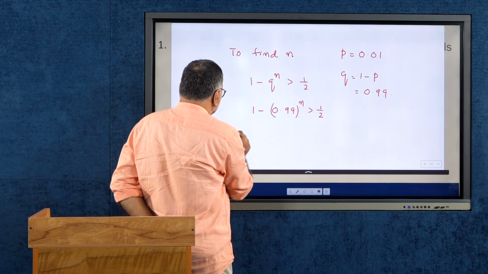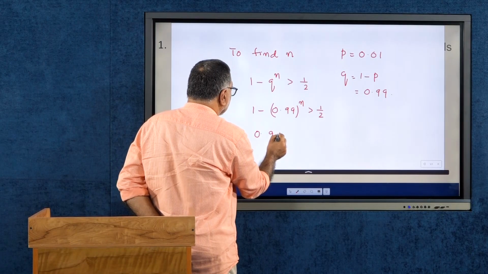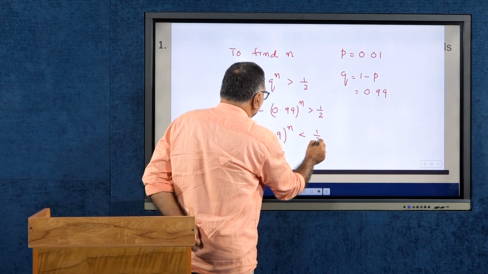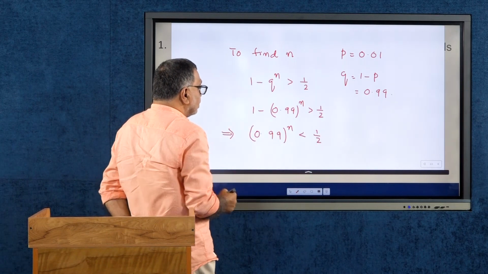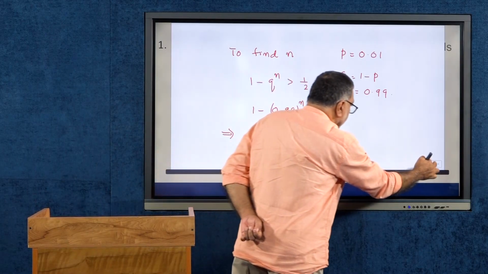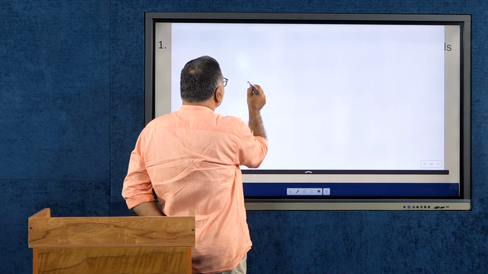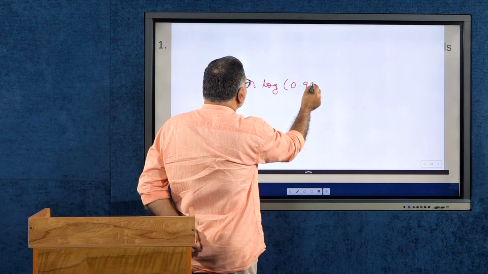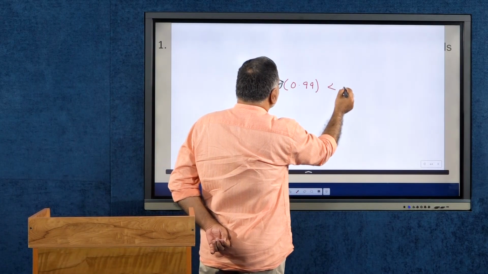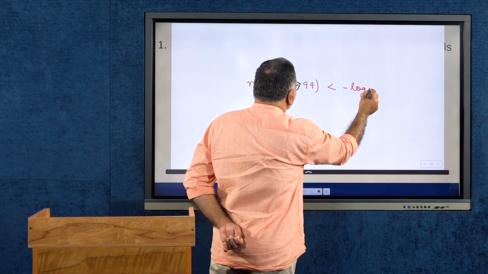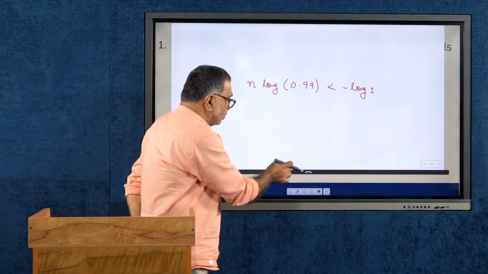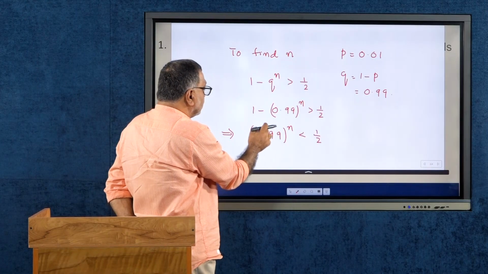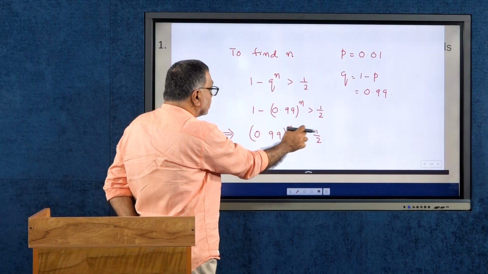This implies 0.99 power n is less than 1 by 2.